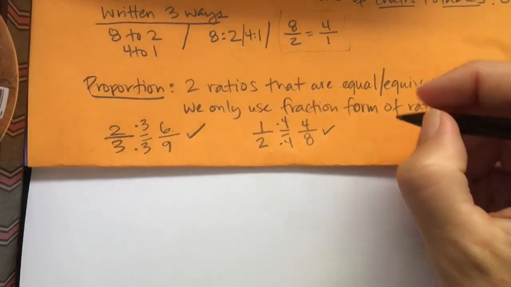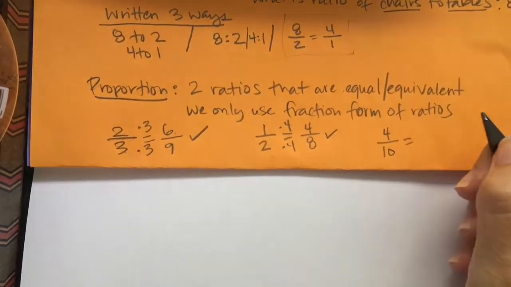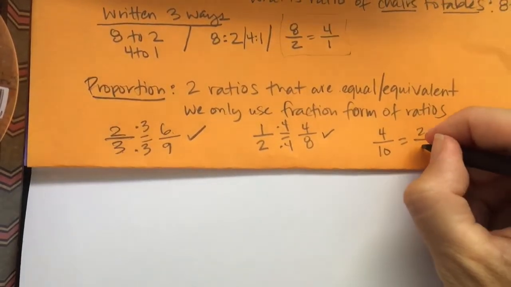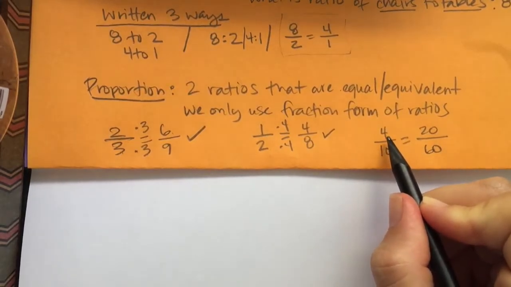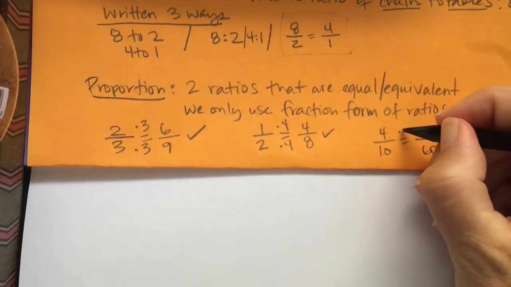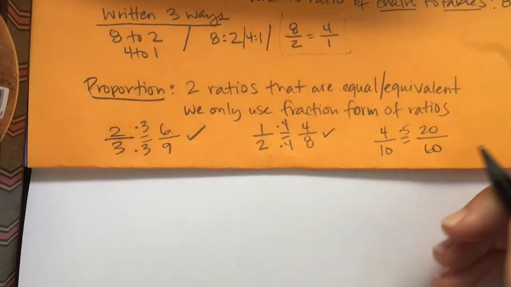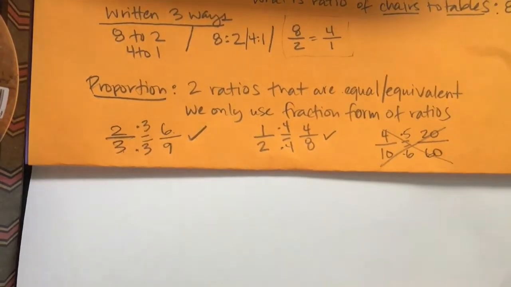Let's do another one. Let's do 4 over 10 equals 20 over 60. Is this in proportion? The answer is no, because in order to change 4 into 20, you would have to multiply by 5, right? In order to change 10 into 60, you would have to multiply by 6. So this is not a proportion, okay?